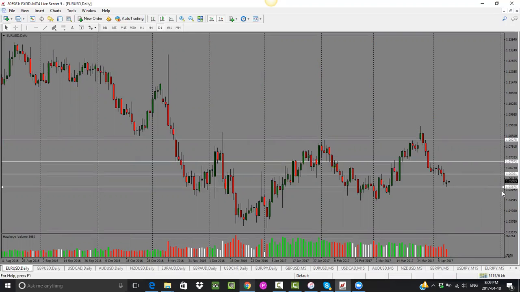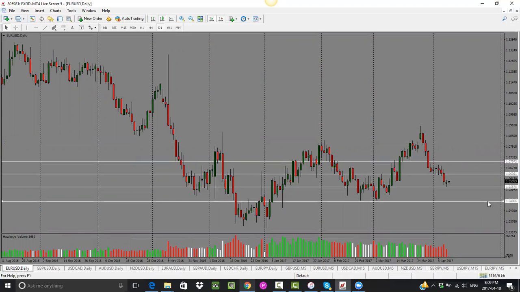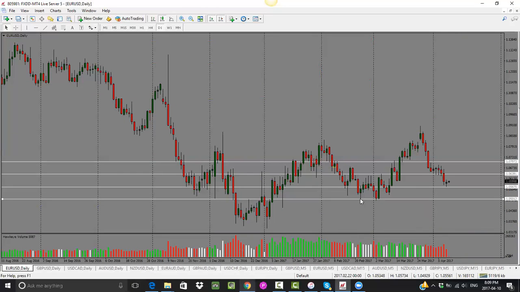In terms of the support, we'll have 105.70 here, and if it does break through 105.70, the next target area would be basically 105.00. So that will be the next target. In terms of the volume, we're still in the bearish volume. These are some of the levels we'll have to watch.